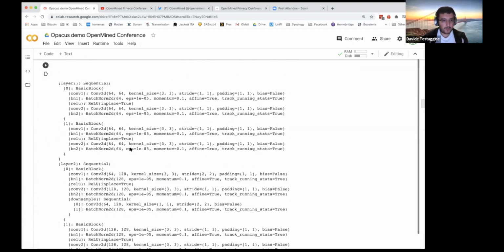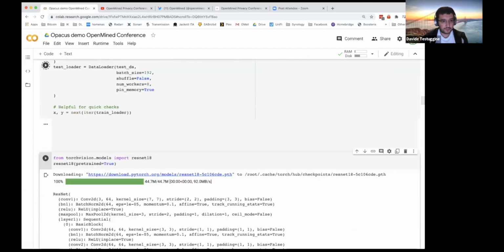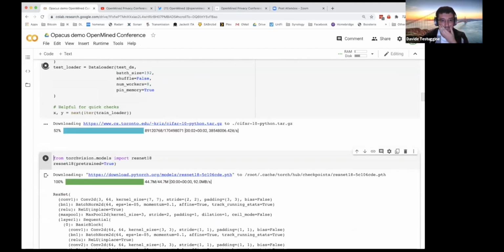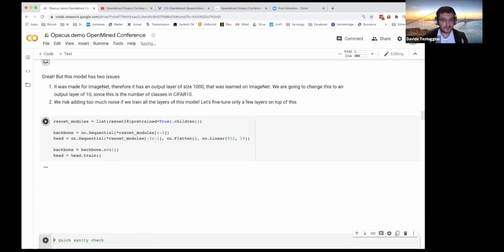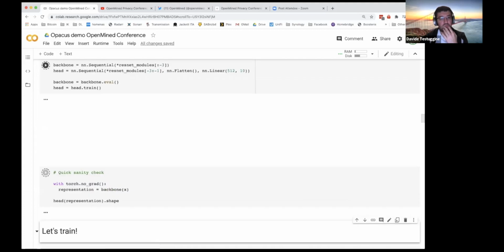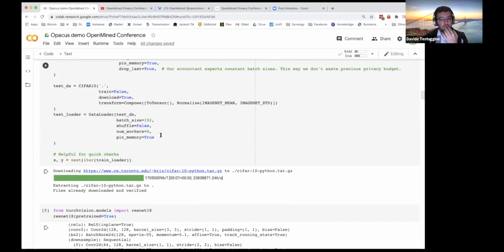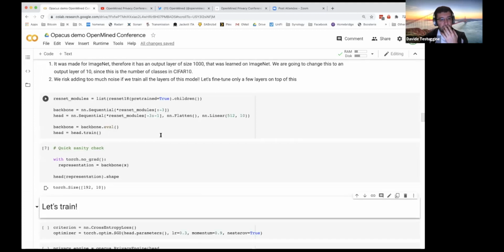Well, I did not run my imports. They gave me a new machine, unfortunately, so I'm going to have to download this stuff again. Shouldn't take too long. I might have to install Opacus again too.